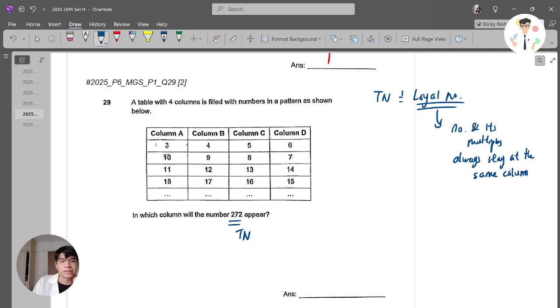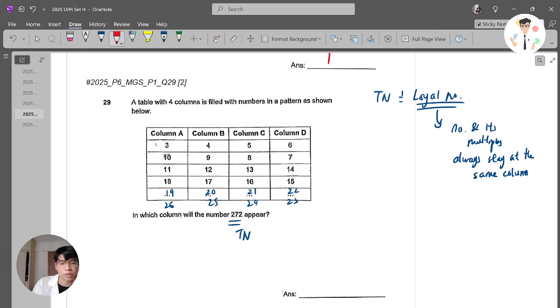Let's list down the numbers 3, 4, 5, 6, 7, 8, 9, 10, 11, 12, 13, 14, 15, 16, 17, 18, 19, 20, 21, 22, 23, 24, 25, 26. Which number and its multiples will always stay in the same column?